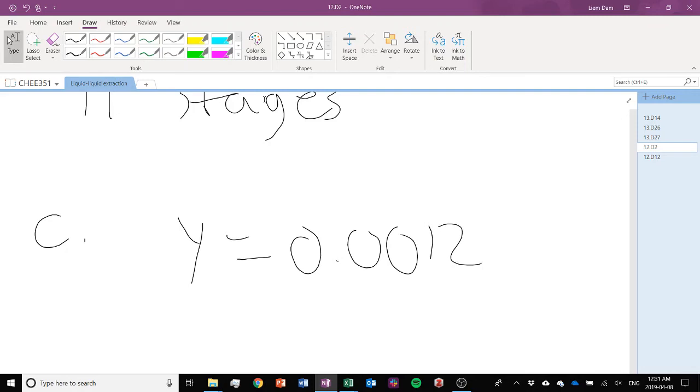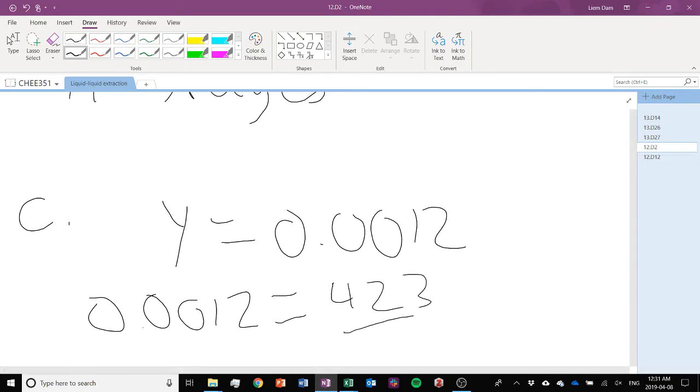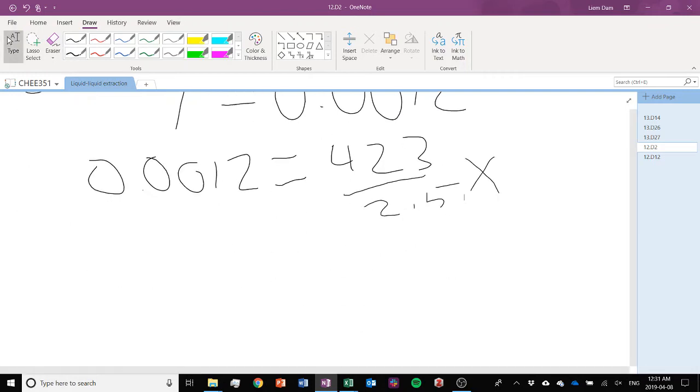So 0.0012 is equal to, and the equilibrium relation is 423 over 2.5 x. And so if we solve for x here, we find that x is equal to 7.092 times 10 to the minus 6.